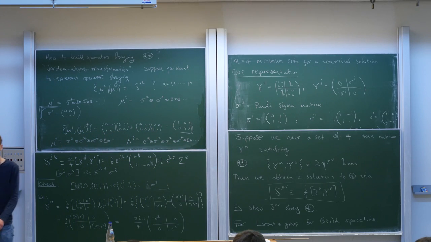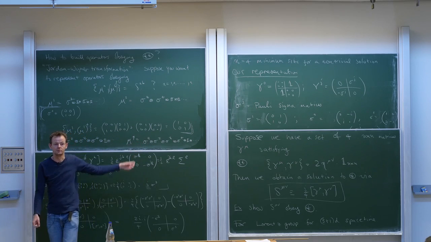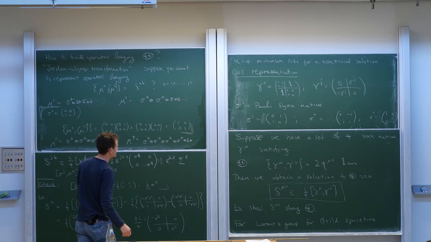And that's how you can find a bunch of operators which obey the fermionic canonical anti-commutation relations, but they're matrices that you can input into a computer. So it's a representation of those relations.